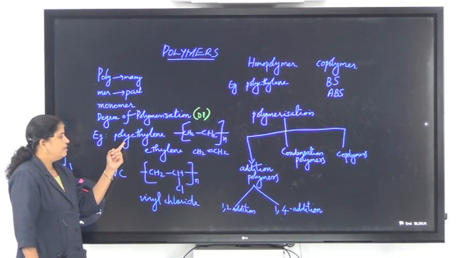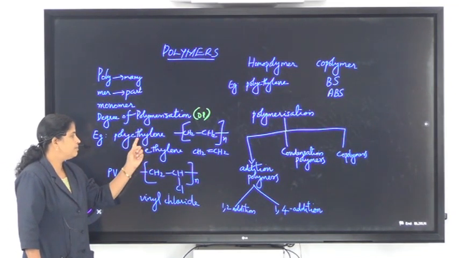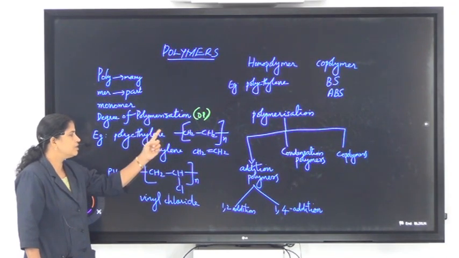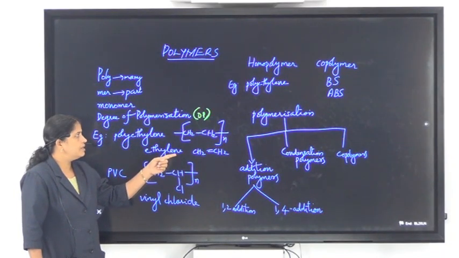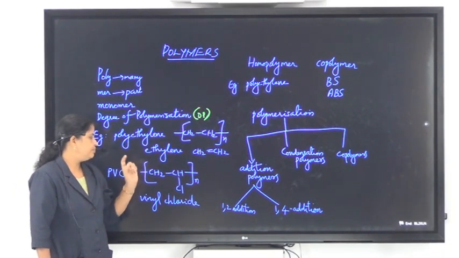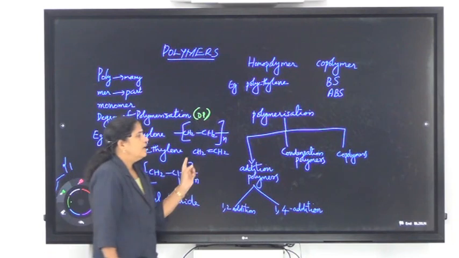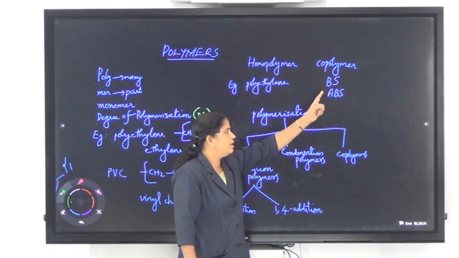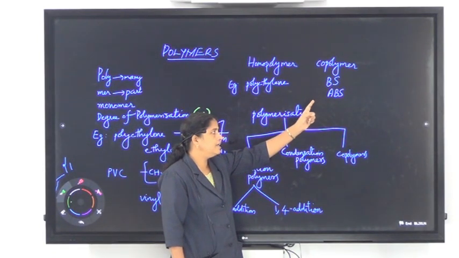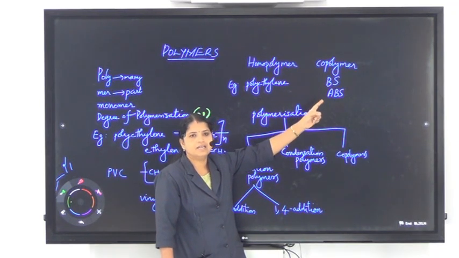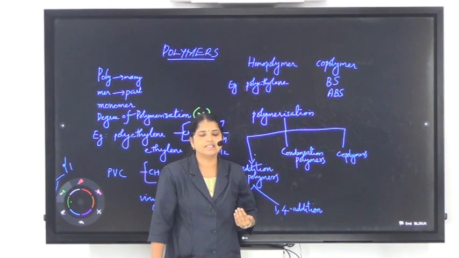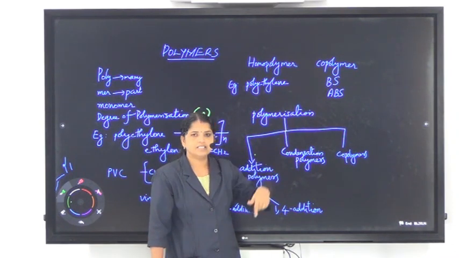See, polyethylene is a polymer formed by the linking together of the same type of monomer units. Therefore, that is called a homopolymer. Then another type of polymer is a copolymer, which is formed by linking together different types of monomers. For example, butadiene-styrene rubber, where the monomers present are butadiene and styrene.